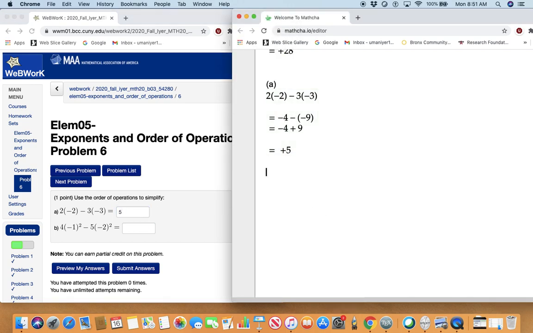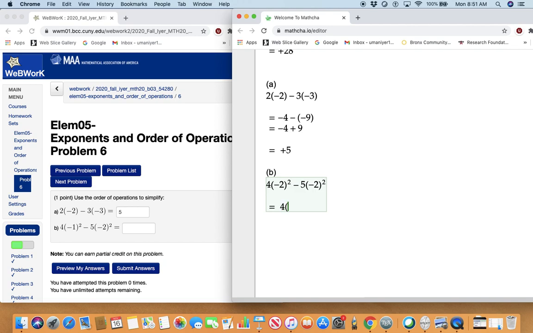B part. 4 times (negative 1) power 2 minus 5 times (negative 2) power 2. That is equal to, well, you have multiplication, you have exponent, you have subtraction, multiplication, and exponent. Well, exponents first, right? They take precedence.